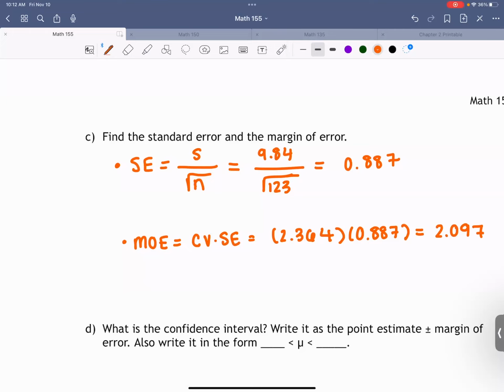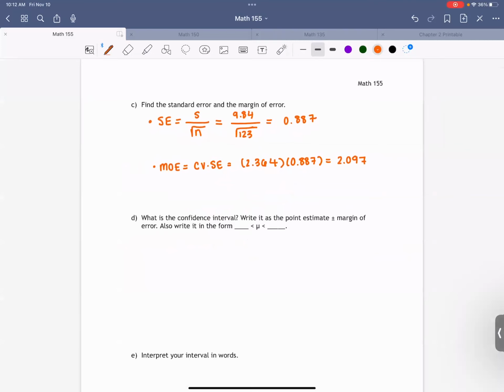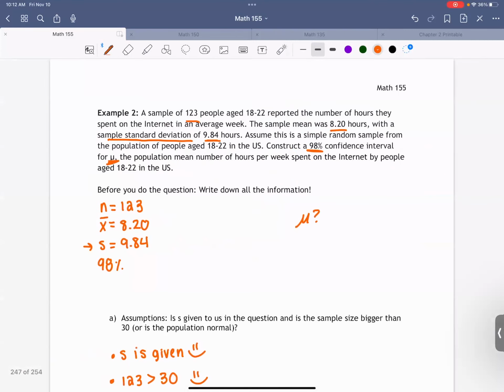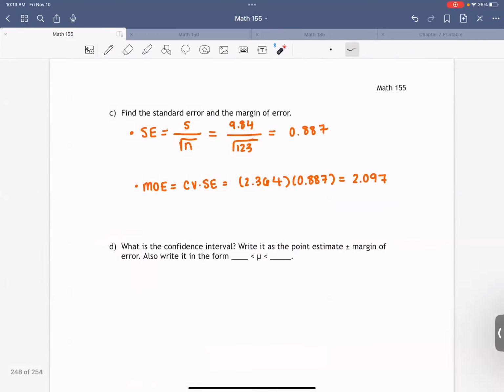Now we can construct our interval. And the way that I like to construct it is, let's think about this. Where is the interval going to be? If we're trying to figure out what mu is, the population mean, well, the closest thing to the population mean has to be the sample mean, right? It's probably not going to be exactly the population mean, but I'm assuming that the sample mean's got to be somewhere near the population mean, right?